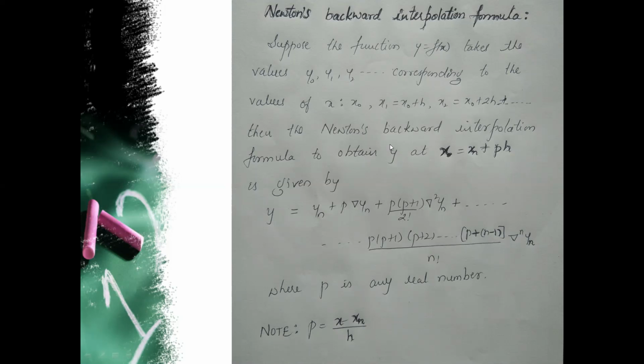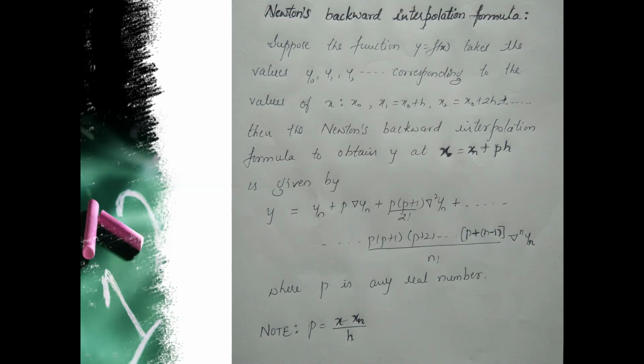So you should know that in the backward interpolation formula we add these p plus 1, and so on. In the forward interpolation formula we have p minus 1, and so on, and here it is del yn, del square yn, and so on terms. In forward it is delta y naught, delta square y naught, and so on. Remember the values of p to be taken for forward and backward interpolation formulas.